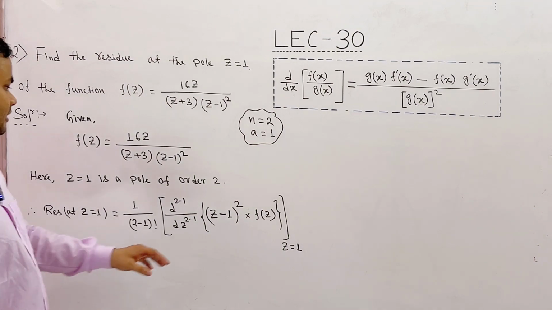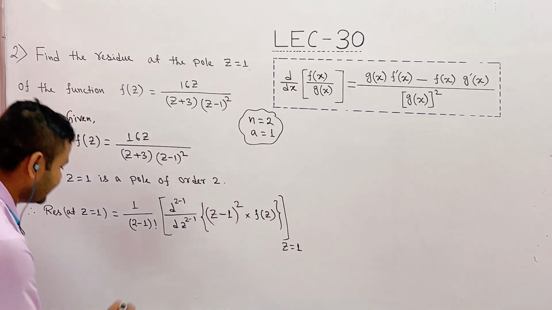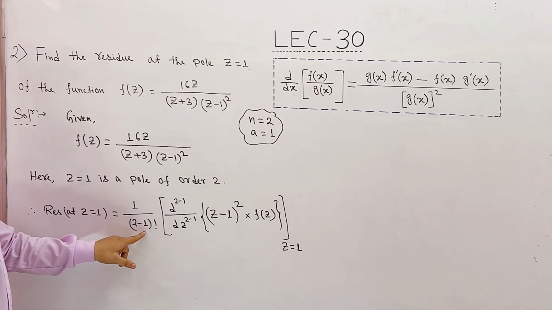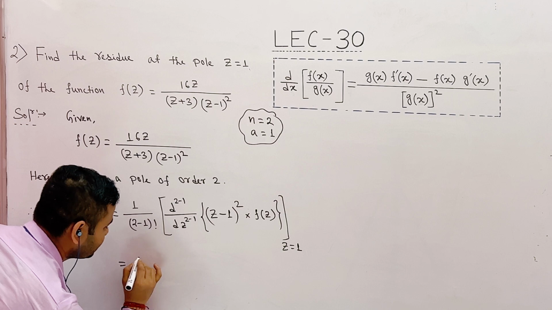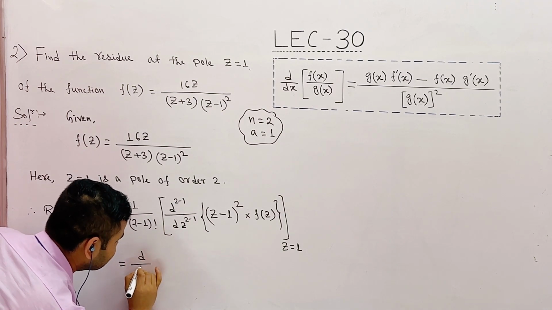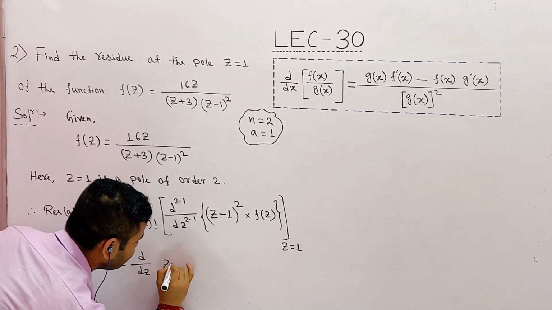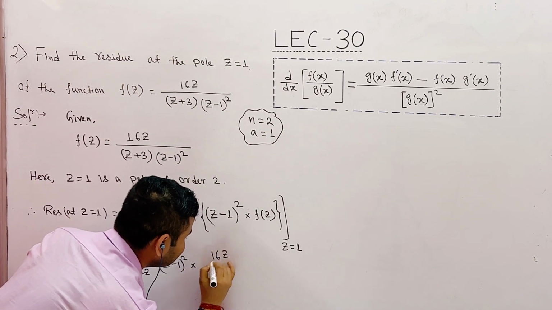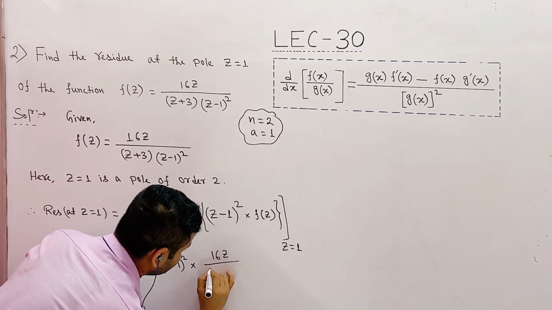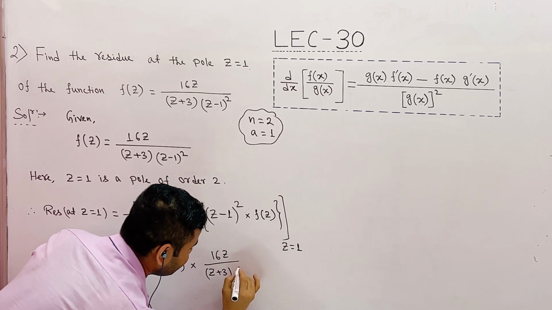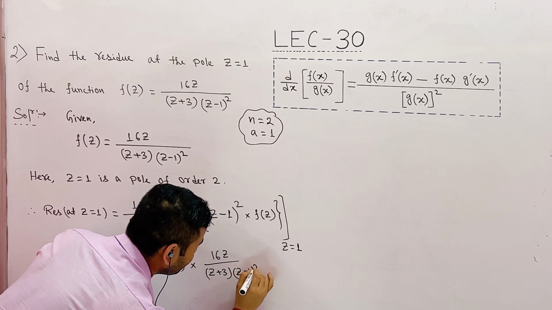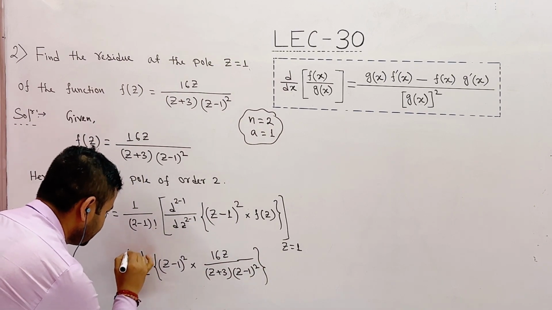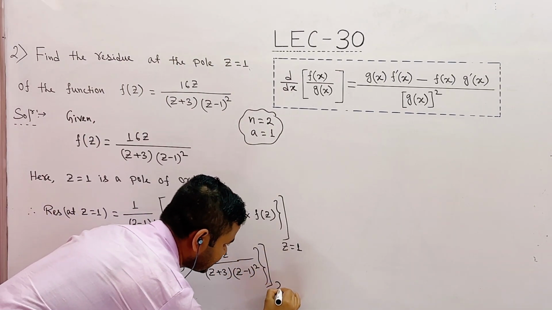Next, let us substitute the value of f of z here. So, finally, we will get 1 divided by 2 minus 1 factorial. So, this term will be 1. So, we will get d by dz of (z minus 1) whole square into 16z divided by (z plus 3) into (z minus 1) whole square at z equal to 1.